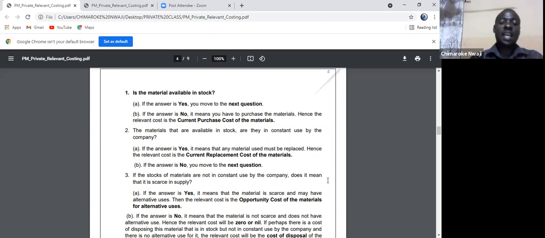If you decide that the answer is no, it means the stock available is not in constant use, and you move to the next question. The third question is, if the stock of material that is available but not in constant use by the company, does it mean that the material is scarce in supply?